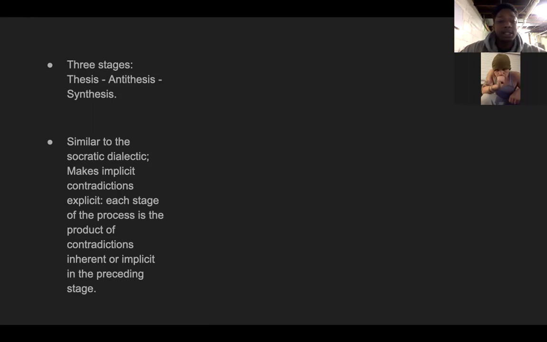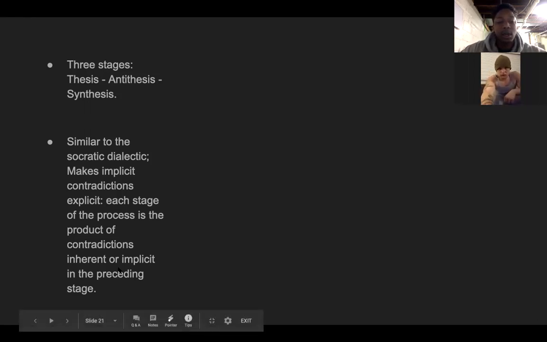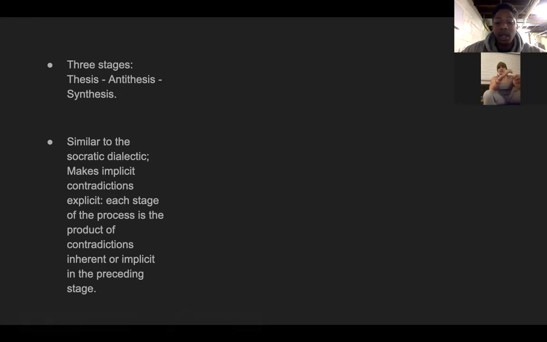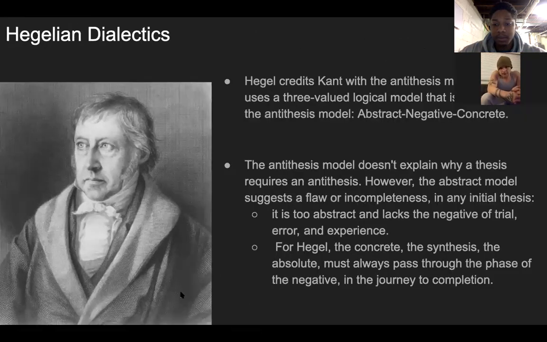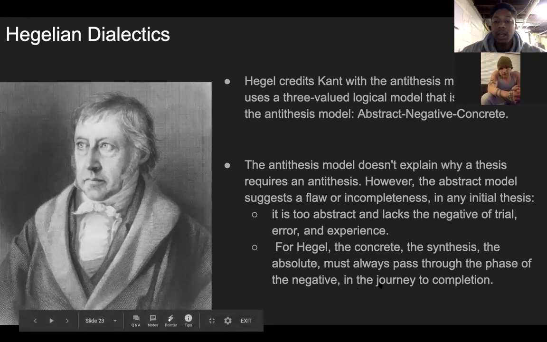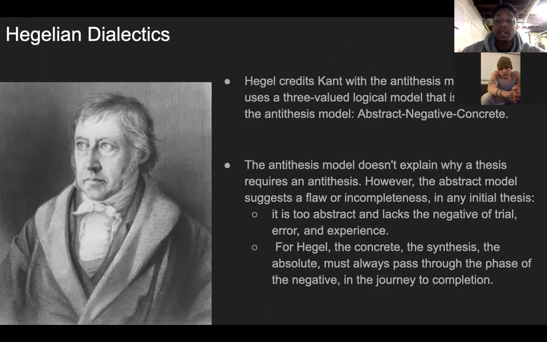In the antithesis model, the contradictions are necessary just by existing, because as Hegel says, the concrete, the synthesis must always pass through the phase of the negative in the journey to completion, because the thesis is too abstract and lacks the negative of trial and error or experience to actually know if it is right or wrong.